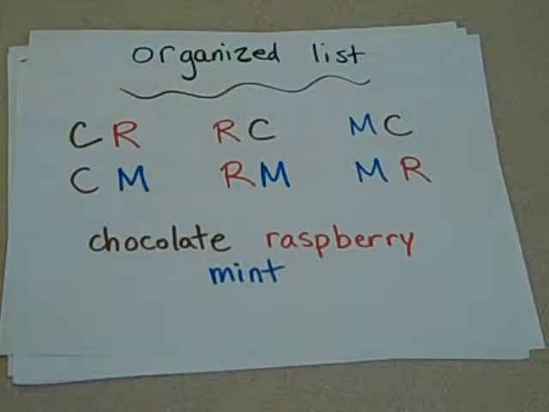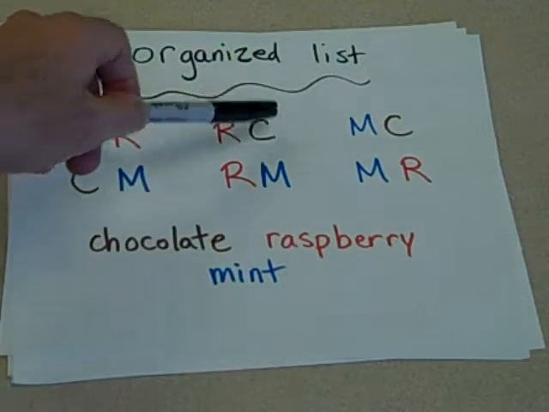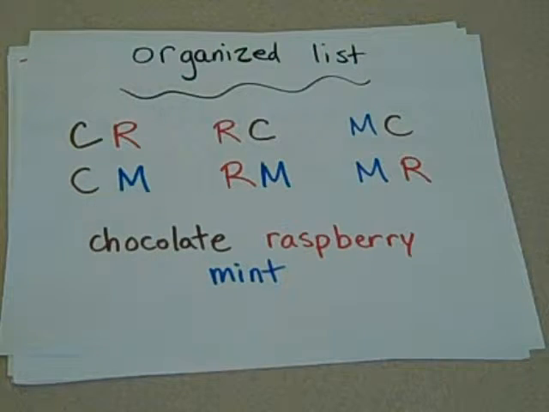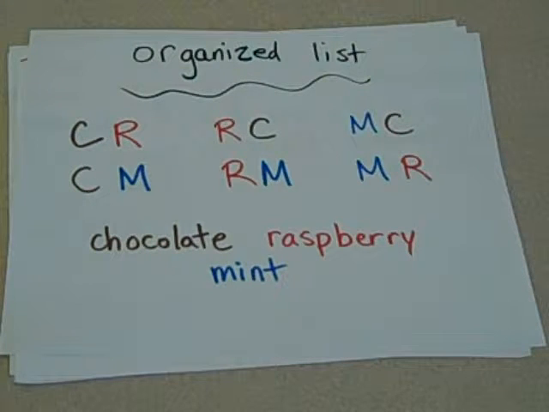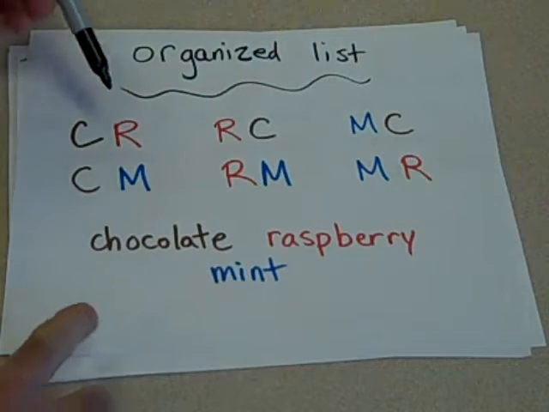Then I move on to the next flavor, raspberry. Raspberry can be paired with chocolate or raspberry paired with mint. And then start with mint, mint paired with chocolate, mint paired with raspberry. But because this is a combination and order doesn't matter, I have some duplicates or some doubles.